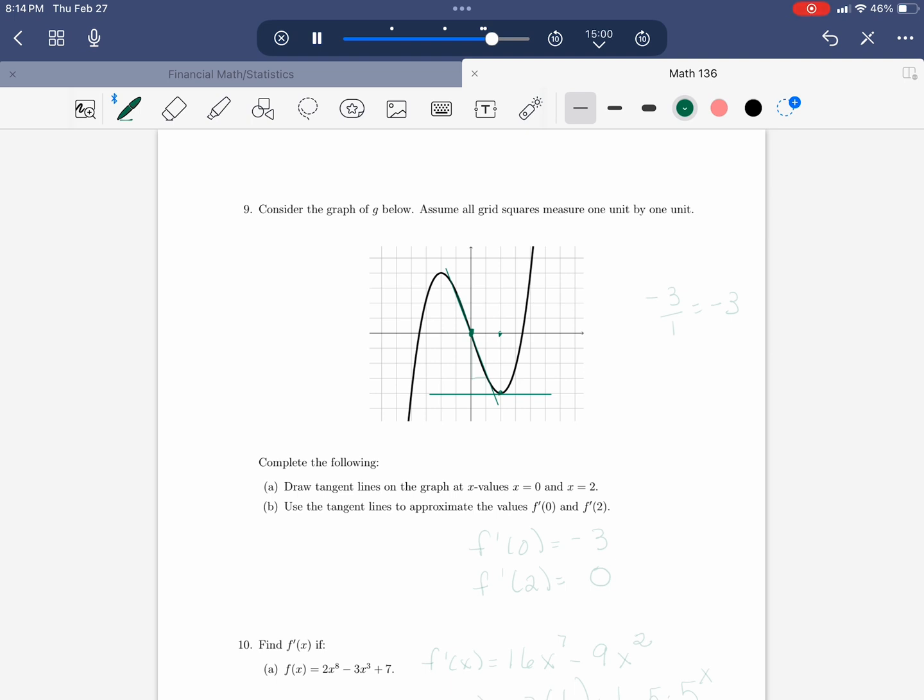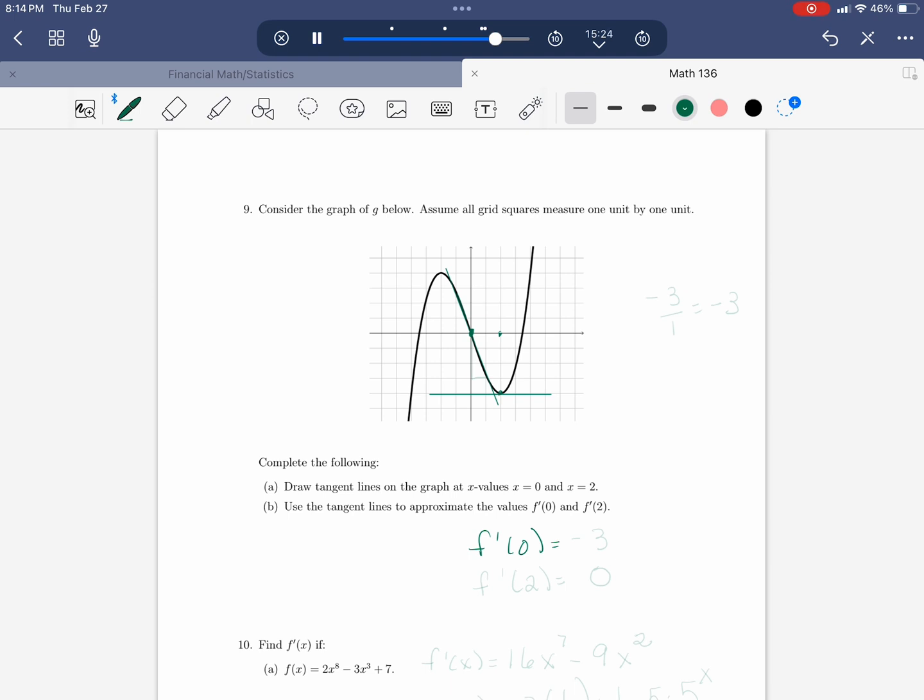So part B, use the tangent lines to approximate the values f prime of 0 and f prime of 2. So it's asking what are the slopes of those tangent lines at those points. So f prime of 0 equals, and we're approximating by looking at the line.